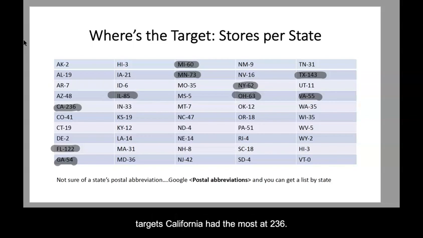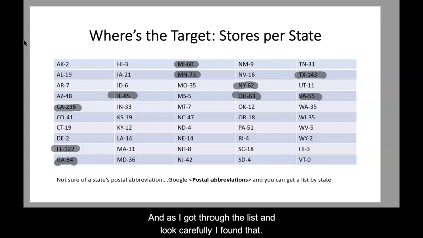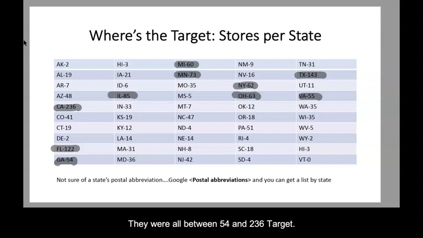California had the most at 236, and as I got through the list and looked carefully, I found that number 10 was Georgia with 54. All the other states in between there, Florida, Illinois, Minnesota, Michigan, New York, Ohio, Texas, Virginia. They were all between 54 and 236 targets.